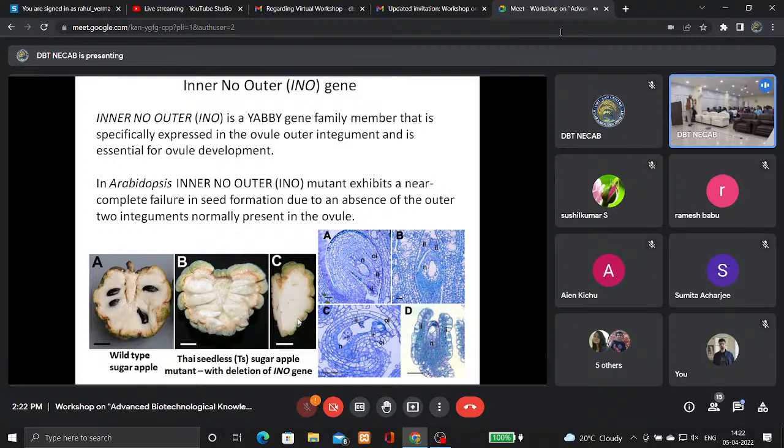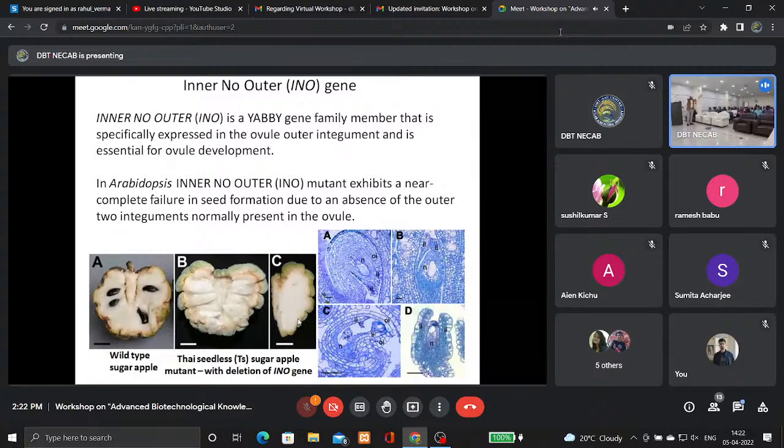One very important gene called inner no outer, which is involved in the synthesis of the two outer integument layers during ovule development, was deleted. This is natural and spontaneous; nobody did it artificially. Spontaneously there was a deletion, and because of that, it becomes seedless.